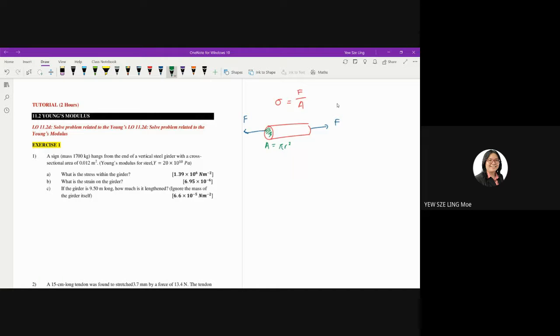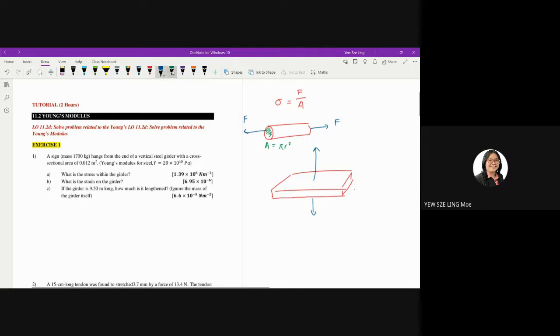So you look at the object, you look at the direction of the force, and the force is always perpendicular to the surface area. For example, sometimes you might have an object like this, and then you exert force not on the small surface area, not on the side, but you stretch it on the large surface area, the large one compared to the side.